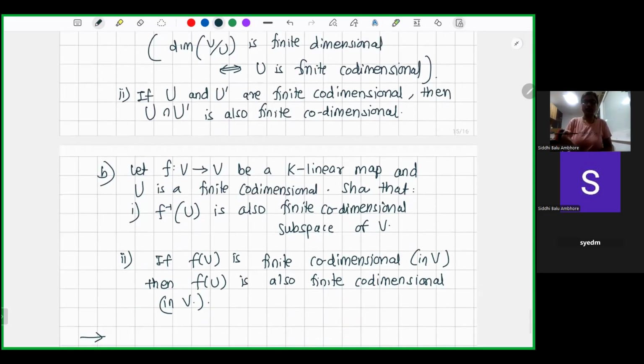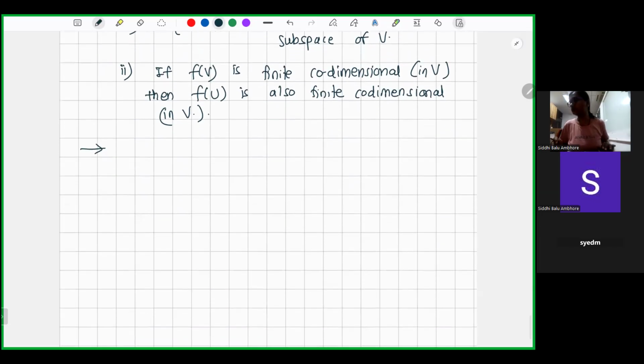Okay, so when they are saying f inverse U is also finite codimensional subspace of V, it means V quotient f inverse U has finite dimension, and similarly f of V. So when they are saying that f of V is finite codimensional in V, means V quotiented by f of V, that quotient space has finite dimension. Okay, so that is what is given to us, and now let us do the proof part.